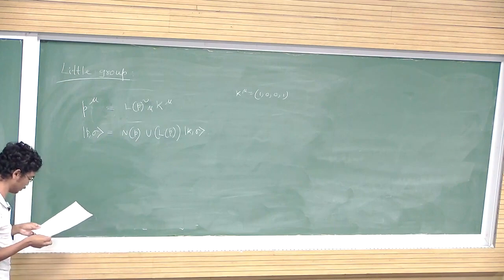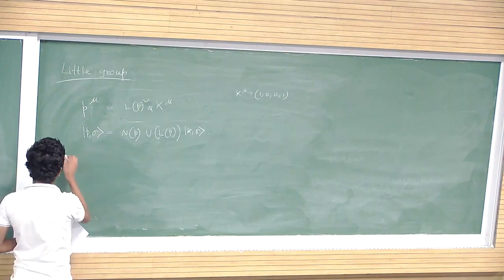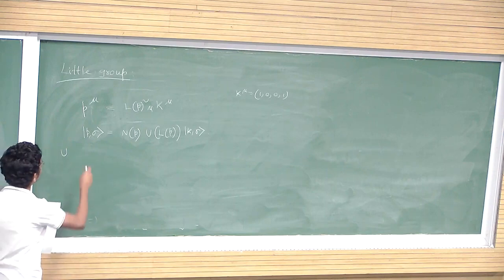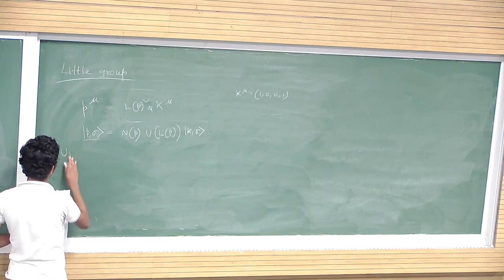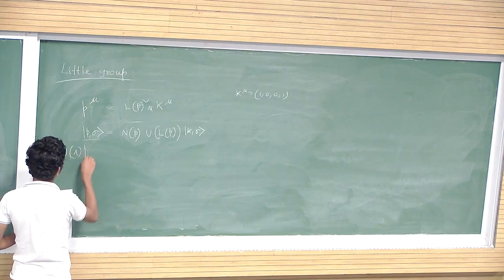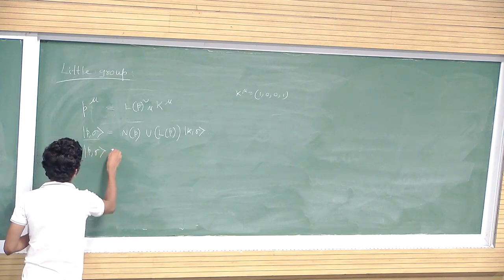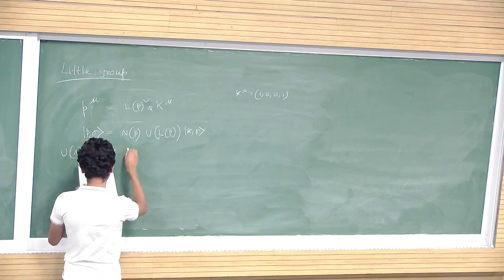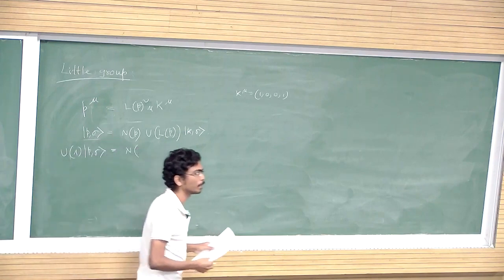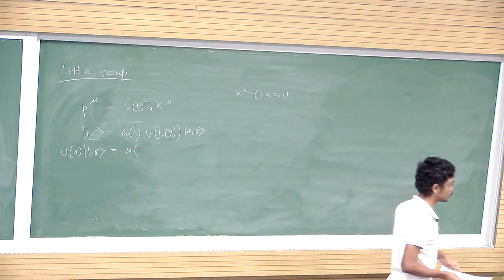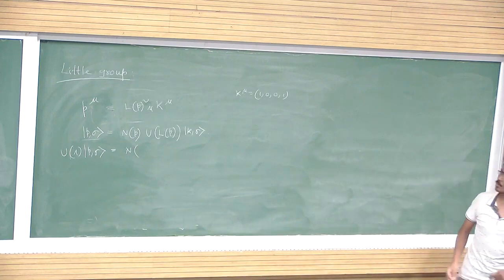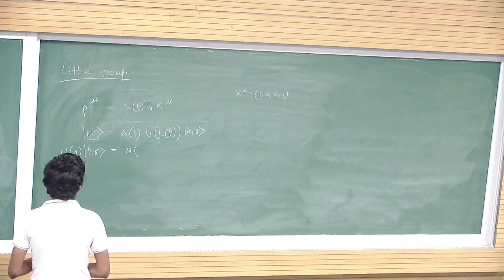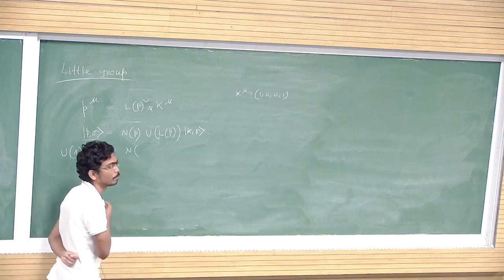N(p) is some normalization factor which I will fix later. So now suppose we want to study the Lorentz transformation property of this one particle state. This will be something given by like this. L depends on the choice of k. Yes, of course, L is a function of both p and k.